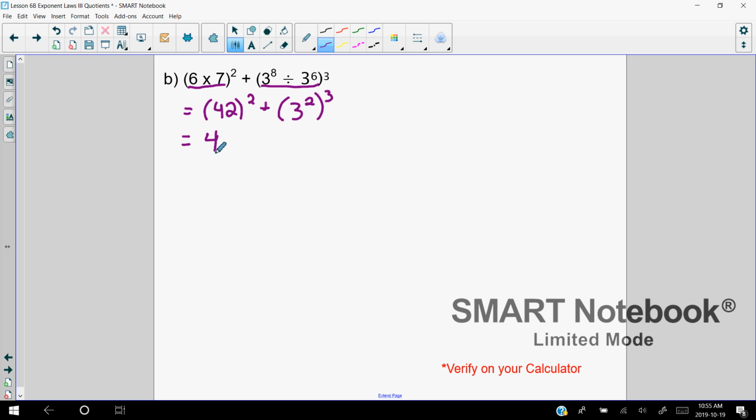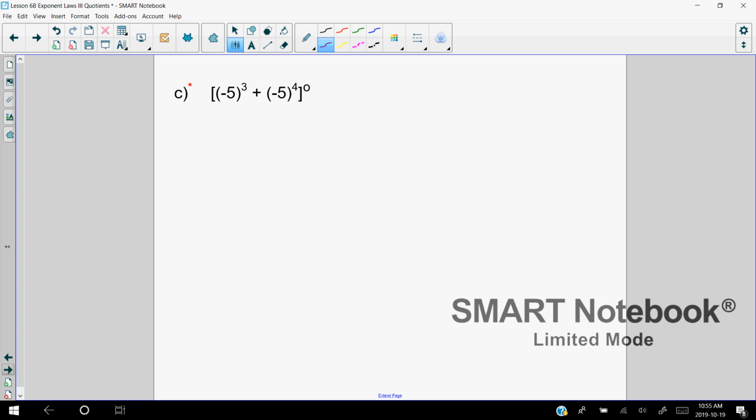Okay, 42 to the power of 2, I'm just going to leave that. And I'm going to use my power of a power law, 3 to the power of 6. So these are really big numbers, but I could square 42 by multiplying 42 by 2 and raise 3 to the power of 6. But for now, you can just leave it like that because I don't want you to focus on using your calculator.